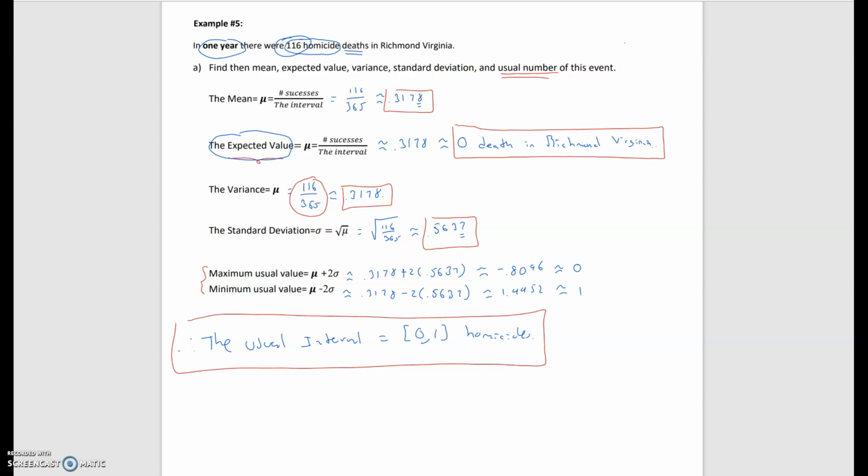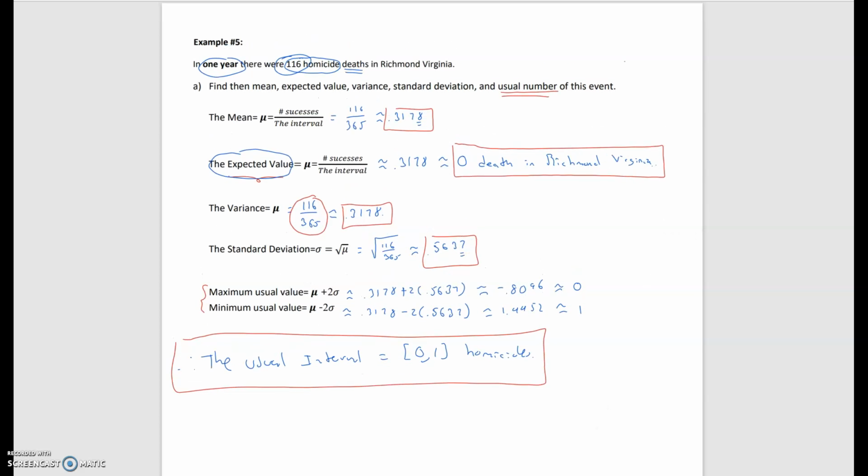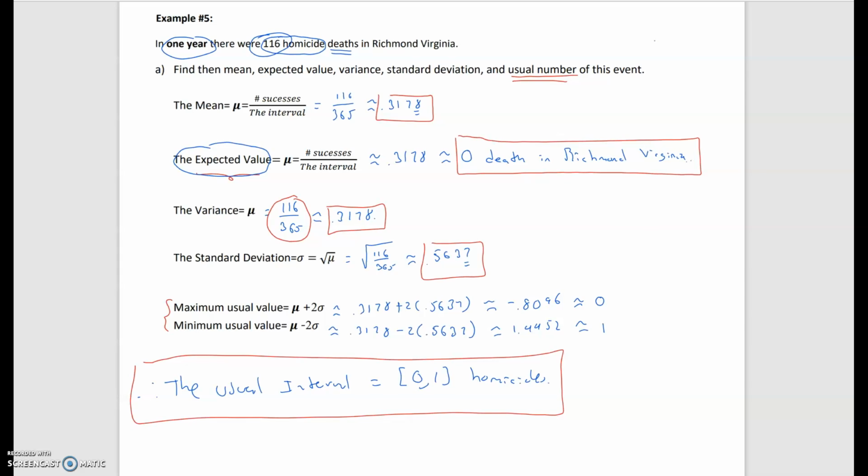Let me just double check the calculation here. Okay, we're good on this one. I don't see any errors. So let's move on to the second portion.